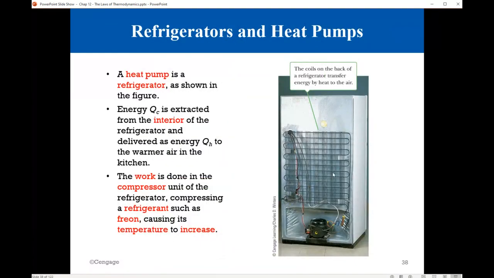So this is an example of the heat pump, the refrigerator. We see how this motor takes electricity from the power outlet and exerts work on the gas such that it's able to move heat energy from the cold reservoir inside and emit it to the surroundings, which is at a higher temperature.